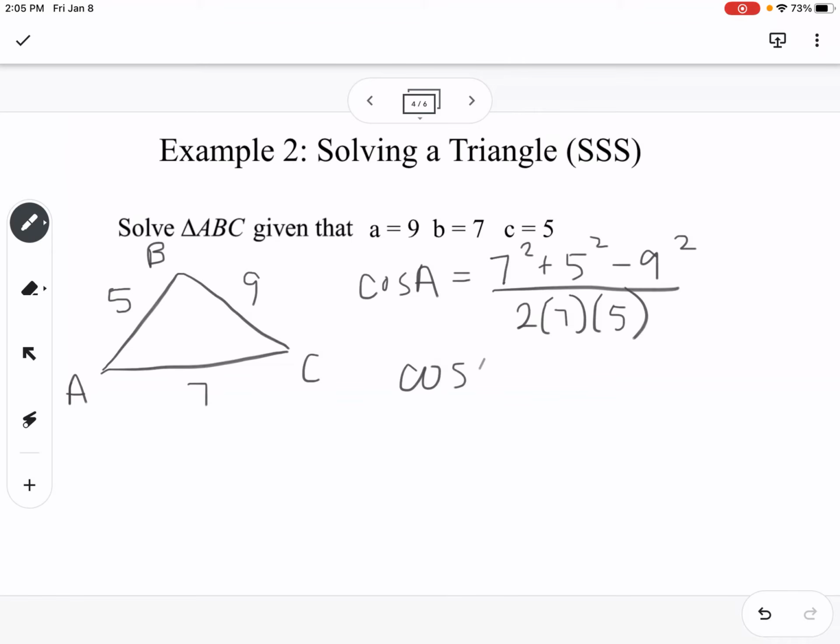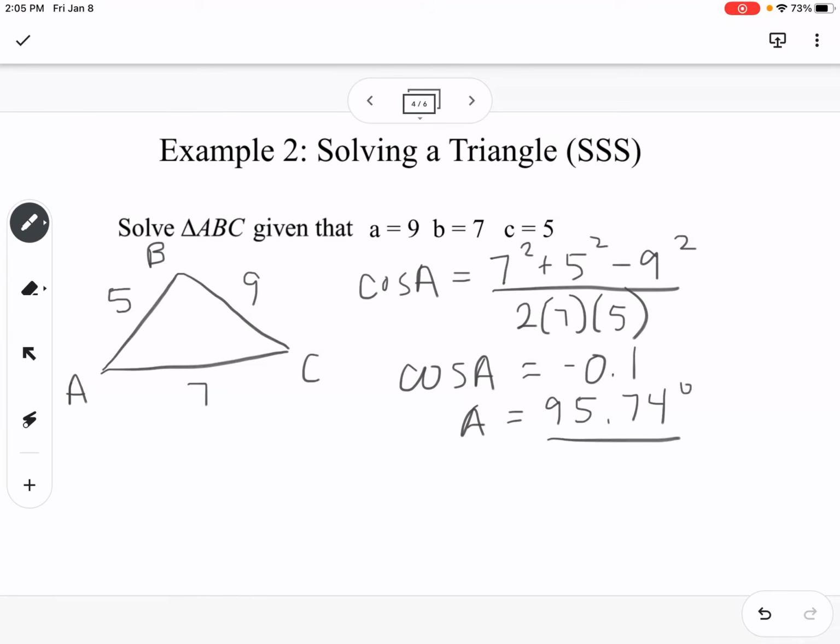So we get cosine of A is negative 0.1. We do our inverse cosine, and we get that A is 95.74 degrees.